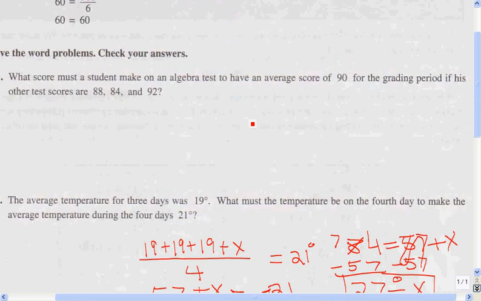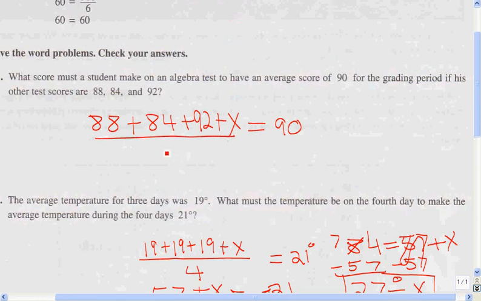Okay, so we want our average score to be 90, I'm sorry, 90%. And we know that on 3 of the tests, he's gotten an 88, an 84, a 92, and we don't know what the fourth score needs to be for it to equal out to 90%. Since there are 4 tests, we're going to divide by 4.